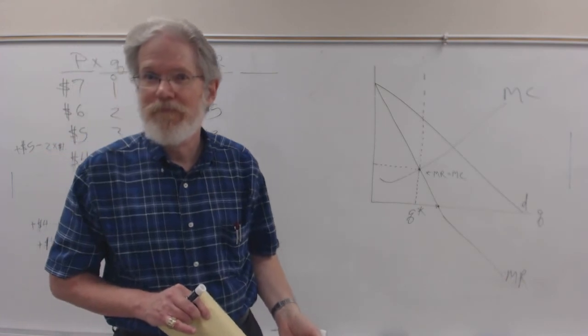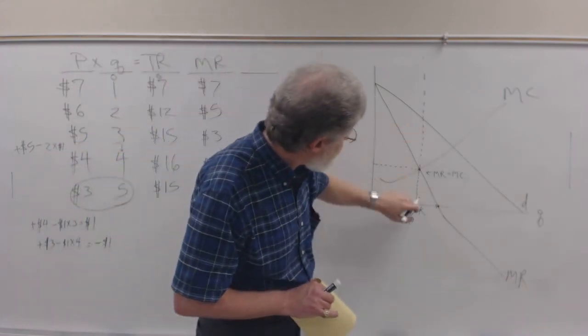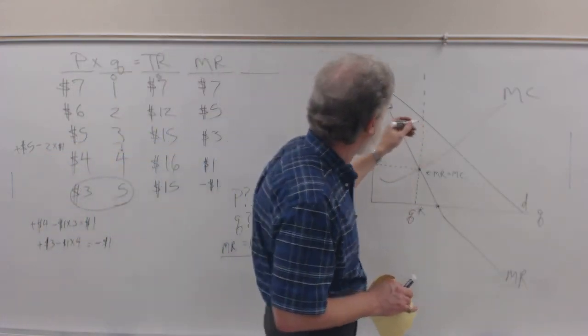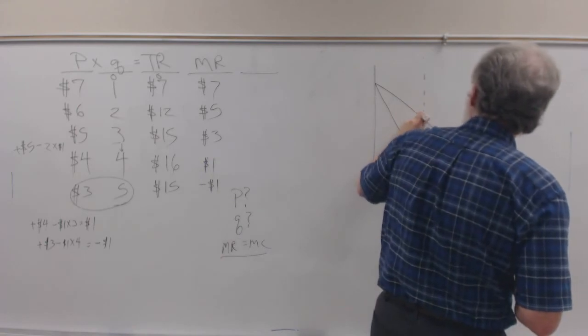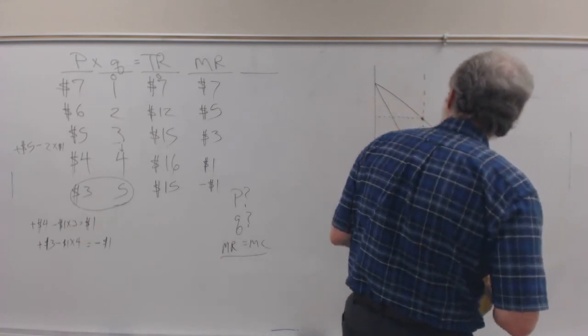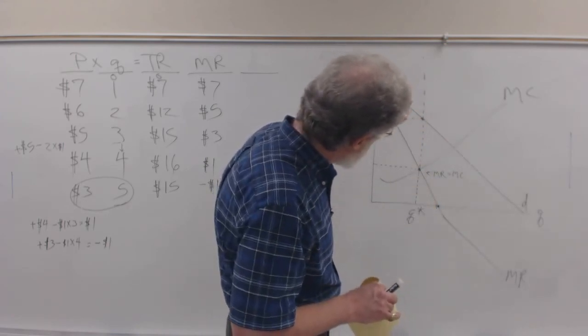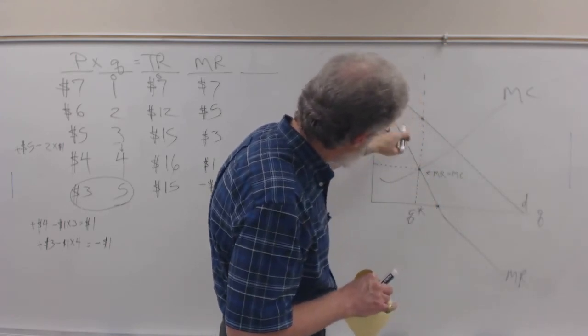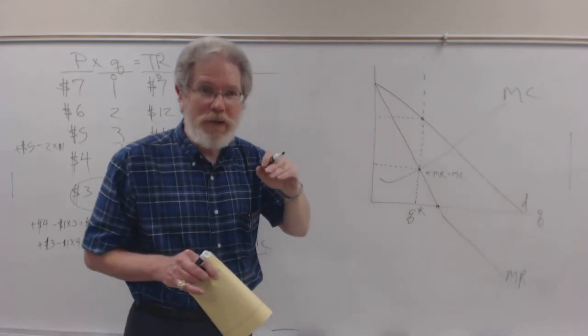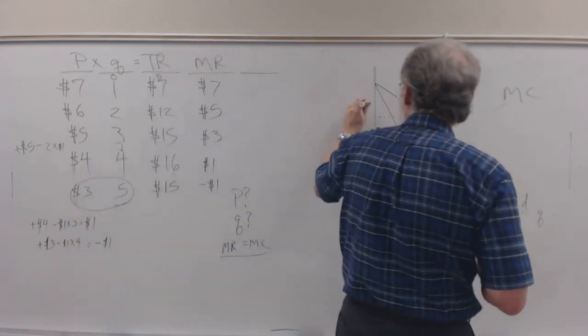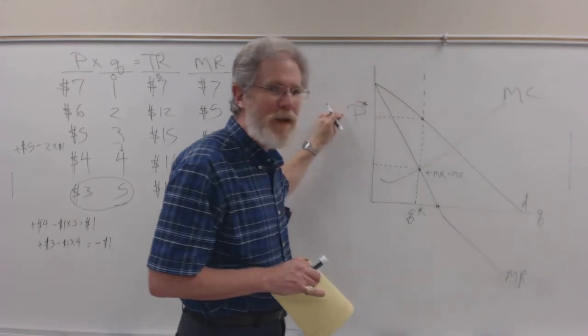Maybe the intersection of the demand. Exactly. Read up to the demand curve. And then you read over. What is that point showing you? It's showing you the quantity consumers will be willing to buy if he charges that price.